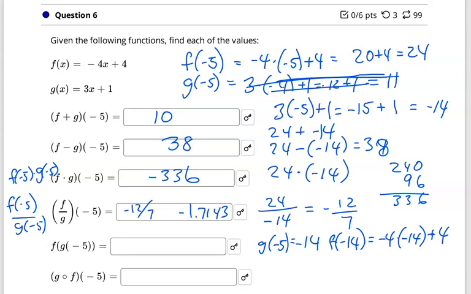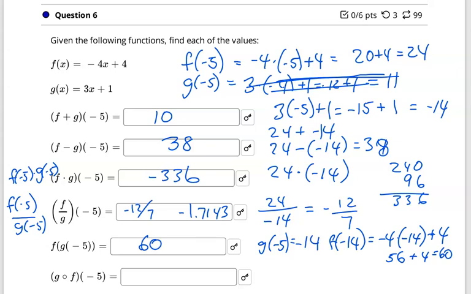Right? Negative 4 times the x plus 4. Well, 4 times 10 is 40. Plus 4 times 4 is another 16. Negative times a negative gives me a positive 56. Plus 4 gives me 60. So f of g of negative 5 is 60.